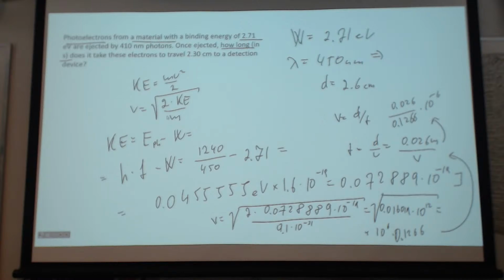That equals 0.254 times 10 to the negative 6. Negative 6 or negative 7? That should be negative 6. Oh, okay, yeah, that works. Or 2.54 times 10 to the negative 7.